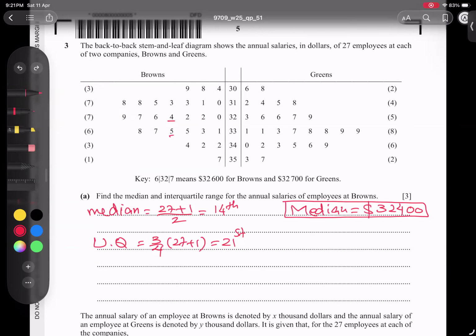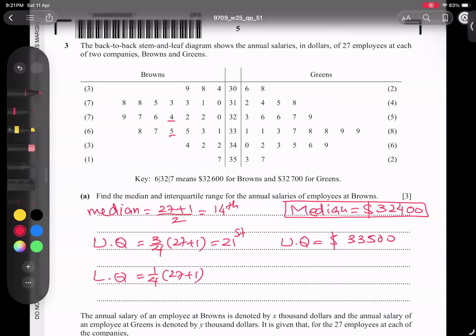So this is the number he is talking about. And now it is very easy to write the upper quartile: dollars 33 and 5, and two more zeros. So this is clear. Let's talk about the lower quartile, 1/4 of n plus 1.